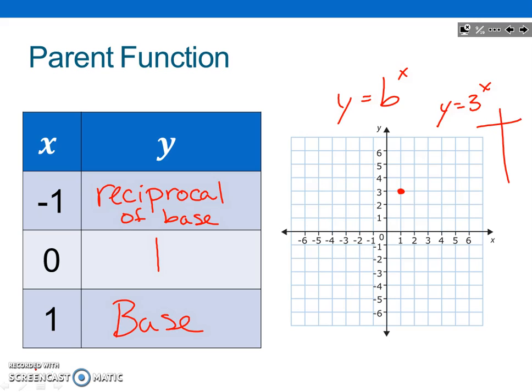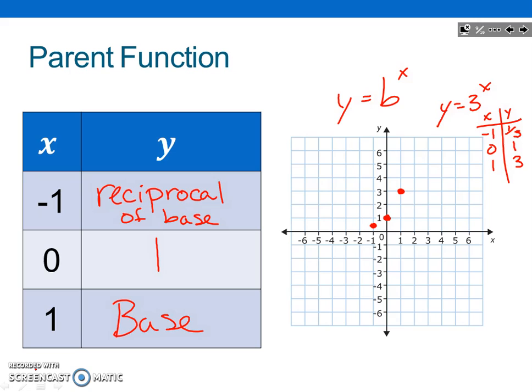You're going to have your table, x and y. Your x's are always -1, 0, and 1. My base is 3, so 1 goes with the base, which would be 3. 0 goes with 1, because it always does. And -1 goes with the reciprocal, so it's going to be 1/3. So for this function, I'd have 1, 3, 0, 1, and -1, 1/3.